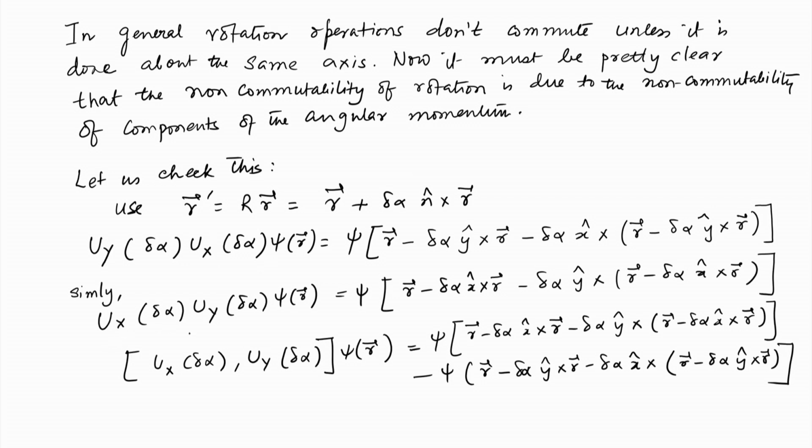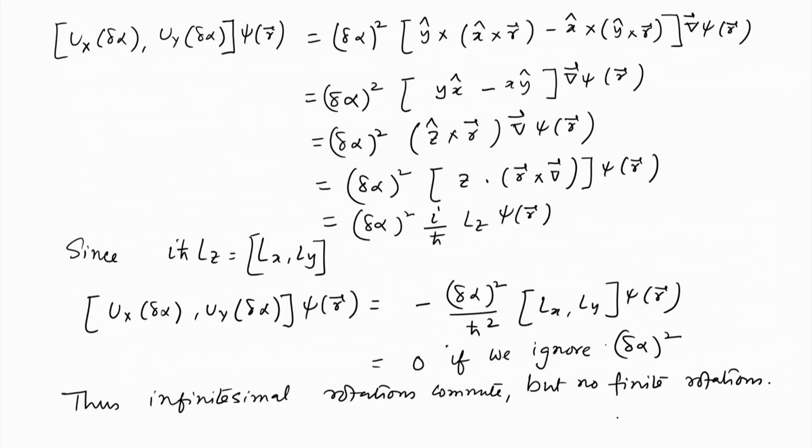Which is Ux delta alpha Uy delta alpha acting on psi of r, and then everything is the same excepting that you change your y by x, and now you take the difference between the two. That will give me the commutation of Ux delta alpha and Uy delta alpha on psi of r. Now, this is the second term minus the first term, and the bracket can be opened and some simplifications can be done.